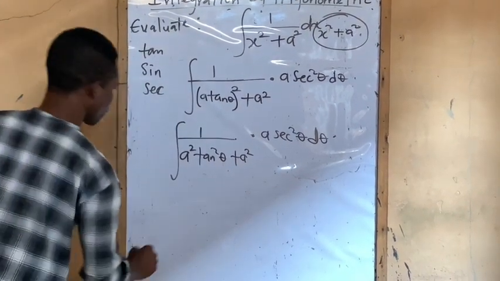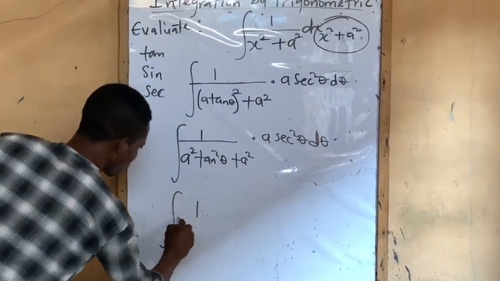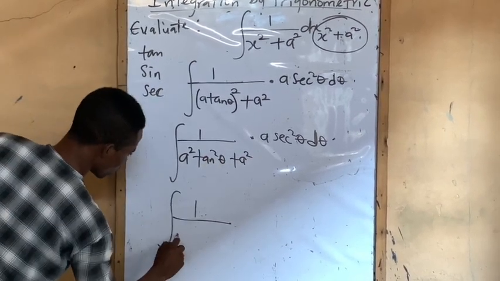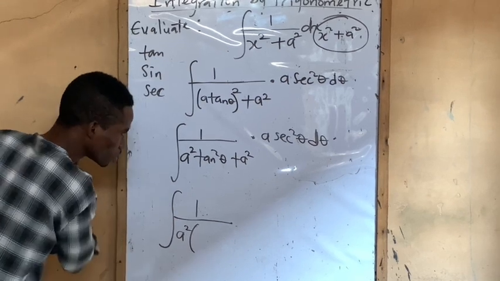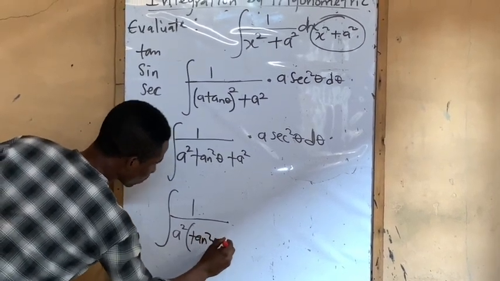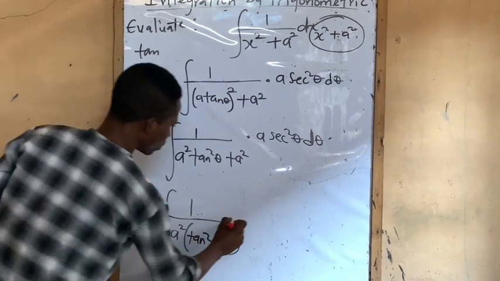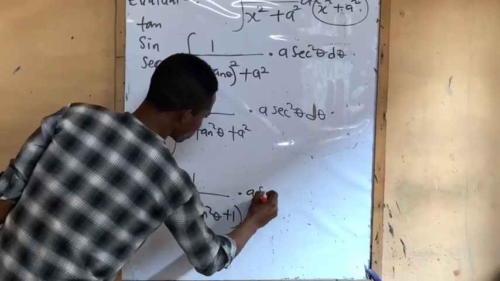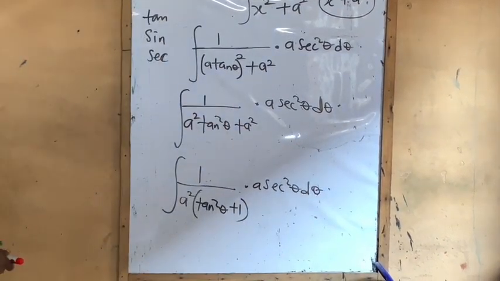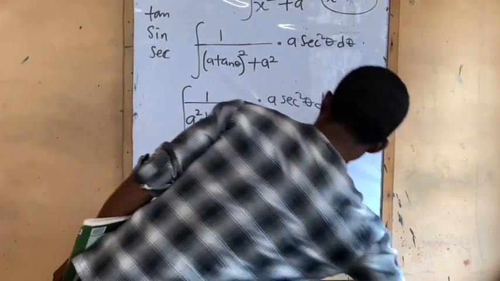So the next thing to do is 1 all over, now what is common here? a squared. So a squared open bracket tan squared theta plus 1, multiplied by a sec squared theta d theta. So after that, what do we do?